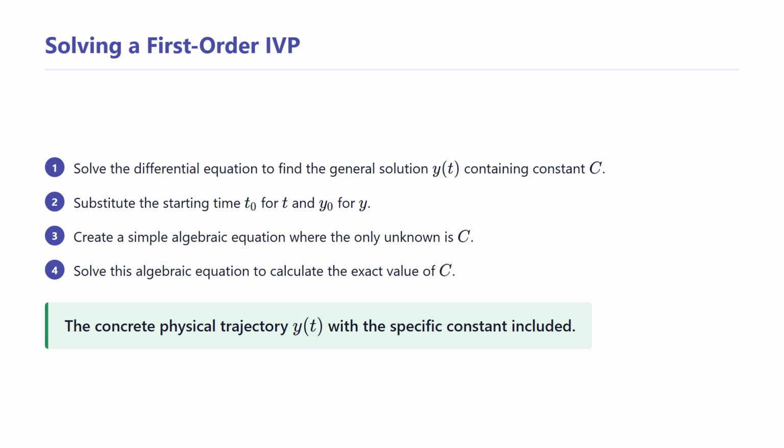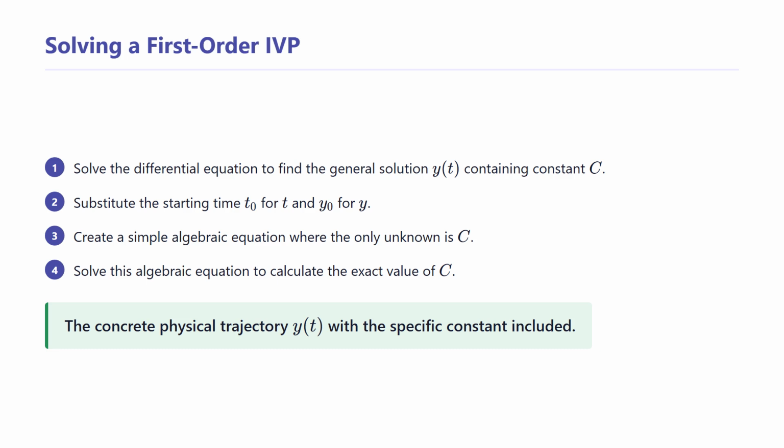Before we move on, let us see how we actually use this formula in practice. We are given the differential equation and the starting values. First, we solve the differential equation to find the general solution, which will include our unknown constant c. Next, we plug in t0 for time and y0 for our function. Why do we do this?